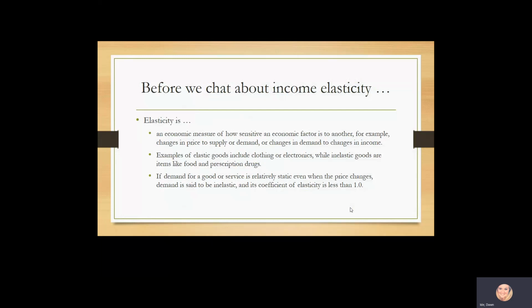So examples of elastic goods include clothing or electronics, and inelastic goods are items like food and prescription drugs, right? So if demand for a good or service is relatively static, even when the price changes, demand is said to be inelastic, and its coefficient is less than 1.